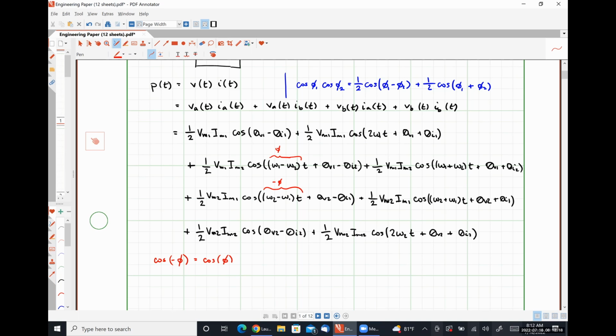So effectively, this term that I'm underlining in red, and this term that I'm also underlining in red, can be combined together because they are sinusoids oscillating at the same frequency using this trig identity.